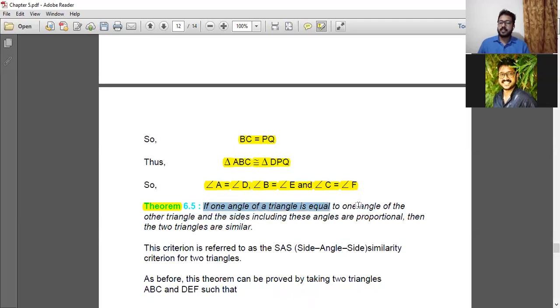If one angle of a triangle is equal to one angle of the other triangle, and the sides including these angles are proportional, then the two triangles are similar. I will show you this actually. Suppose we have two triangles.